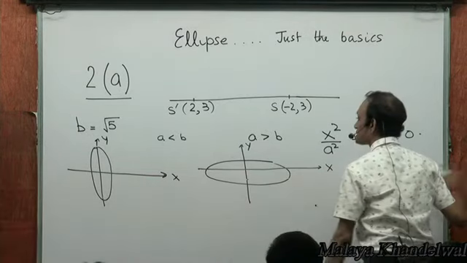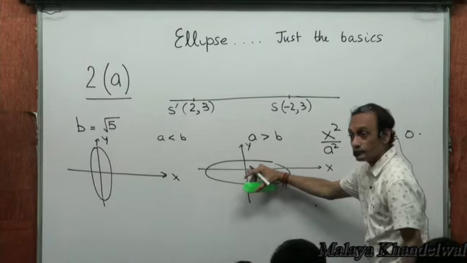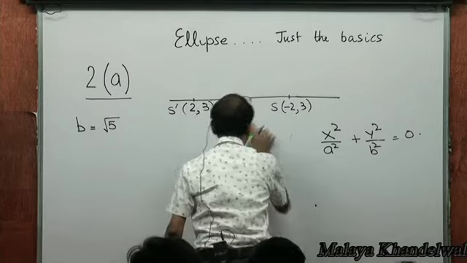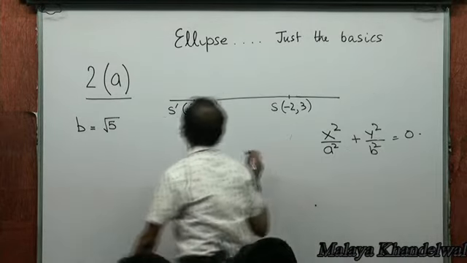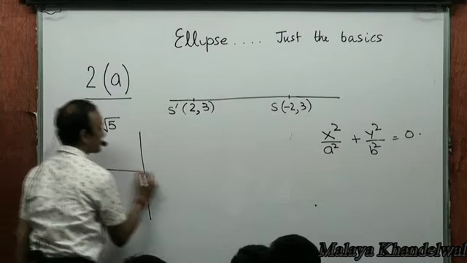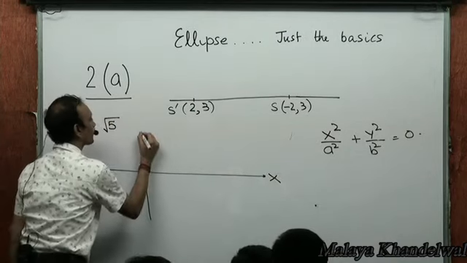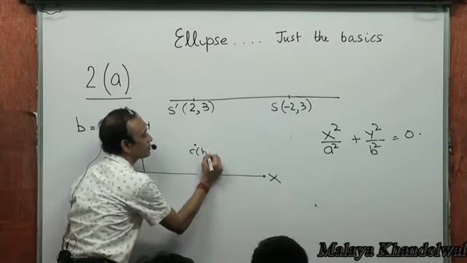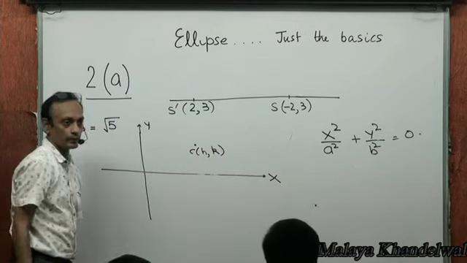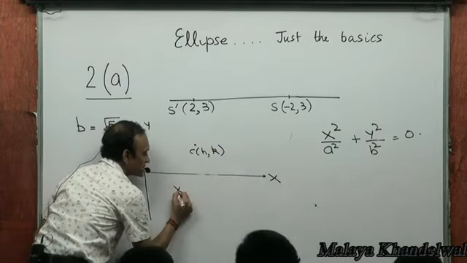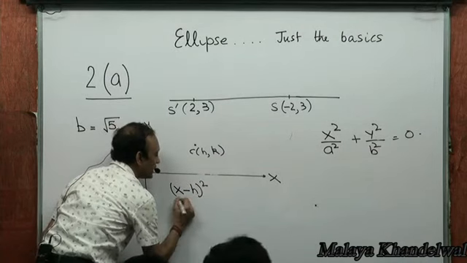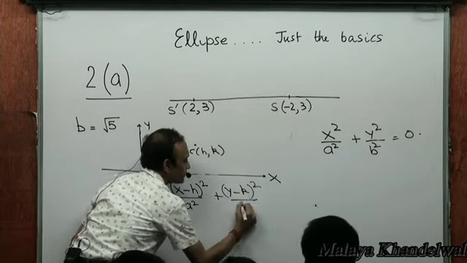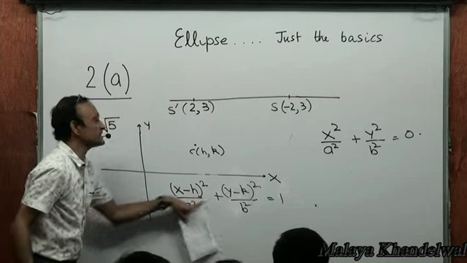If, in contrast, the ellipse didn't have center 0, 0, and axis, major and minor axis, let's say a and b, semi-major, semi-minor axis, but had center h comma k, then something like this, x minus h whole squared by a squared plus y minus k whole squared by b squared equal to 1 was an ellipse with center h comma k.